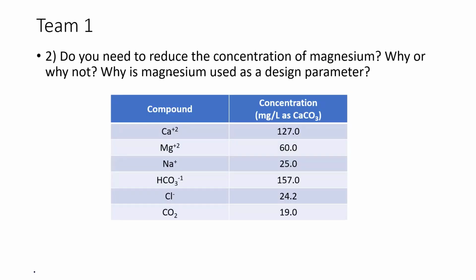So the next step is to think about, do we need to reduce the concentration of magnesium? So our magnesium concentration is 60. Do we need to reduce it? Typically, if the magnesium concentration is greater than 40 milligrams per liter as calcium carbonate, it tends to precipitate out, coat the heating elements, reduce the efficiency of heating, which costs us in electricity and natural gas.